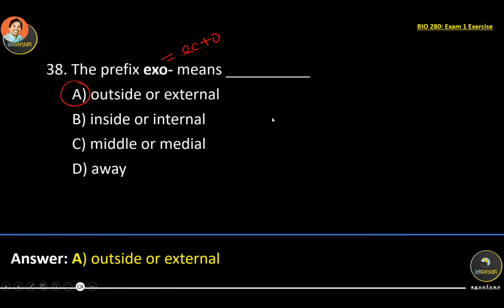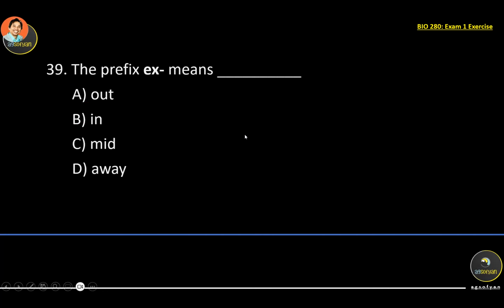Some insects have an exoskeleton. Their skeleton is actually outside their body, compared to us, where our bone is inside. The prefix x is very similar again to exo and ecto, which is out or outside.